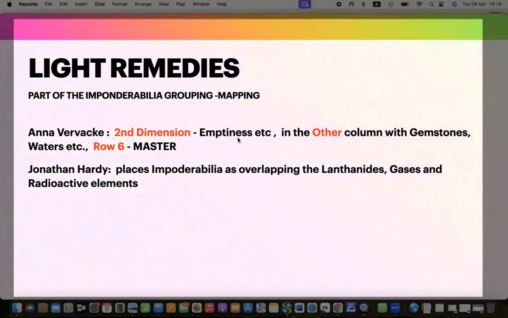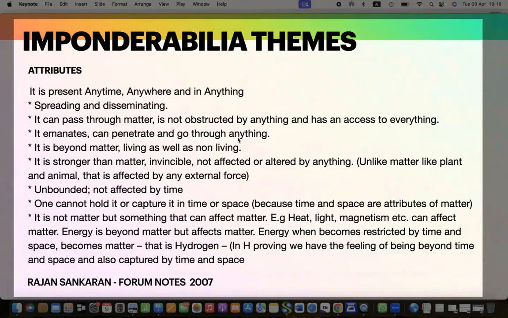It's in the other column with gemstones, waters, etc. And she placed it in row 6. Jonathan Hardy puts imponderabilia as overlapping lanthanides, gases, and radioactive. Radioactive is interesting because it's also producing radiation, which is, of course, a form of light.